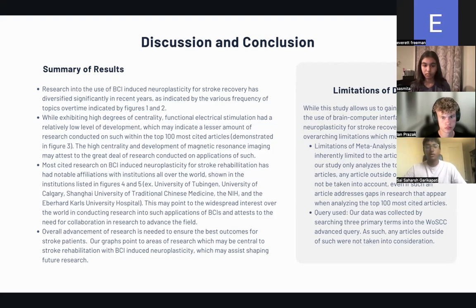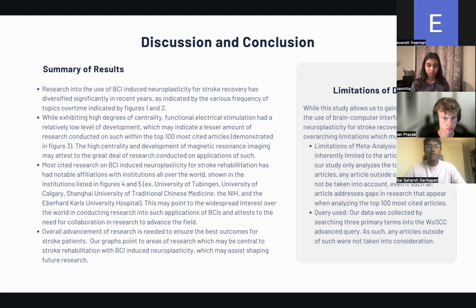For example, the University of Tübingen, the University of Calgary, Shanghai University of Traditional Chinese Medicine, the NIH, and the Eberhard Karls University Hospital. This may point to the widespread interest over the world in connecting research into such applications of BCI and attest to the need for collaborating in research to advance the field.